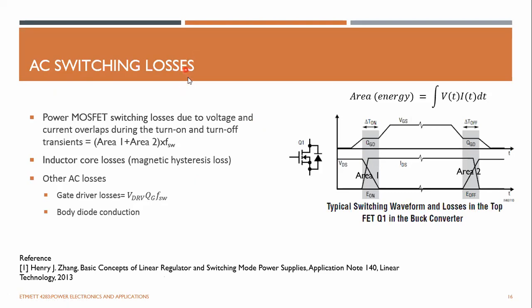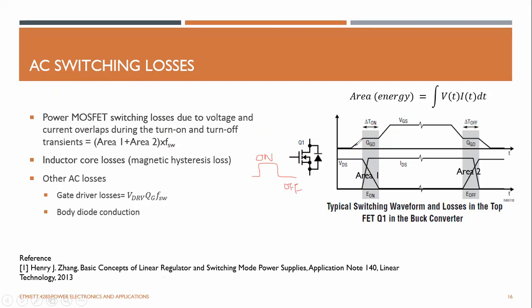Now we are moving to the other type of loss, which is the switching loss. You know, this is the power switch. And when the MOSFET is switching, this is your gate voltage, right? When you turn on the device, during this period you have to provide a gate pulse, and here when you provide 0 voltage, the gate is off.